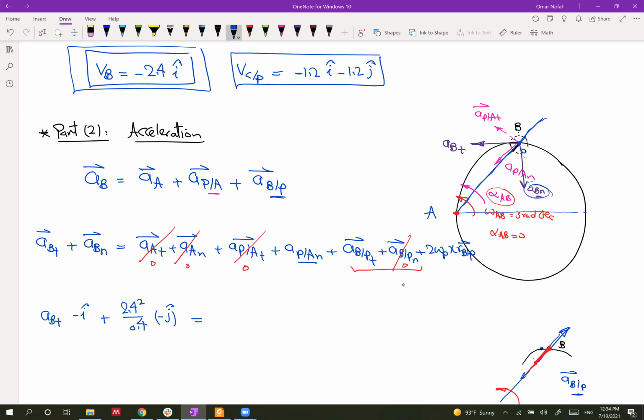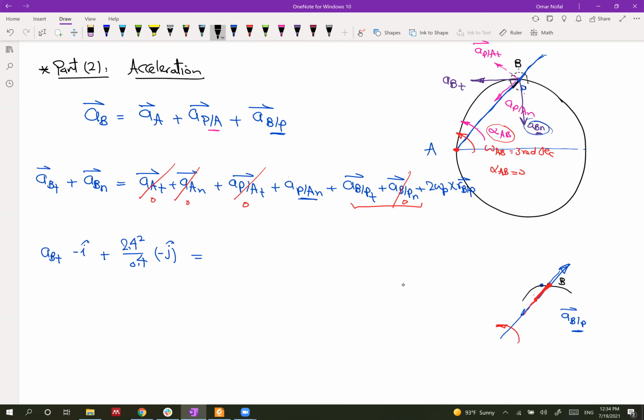With this, let's move to this one. We have A here, and we have B here, and we are assuming, not assuming, if we have an acceleration in the tangent, it will be in this direction. So this is an assumption, but this is the reality of the normal acceleration.